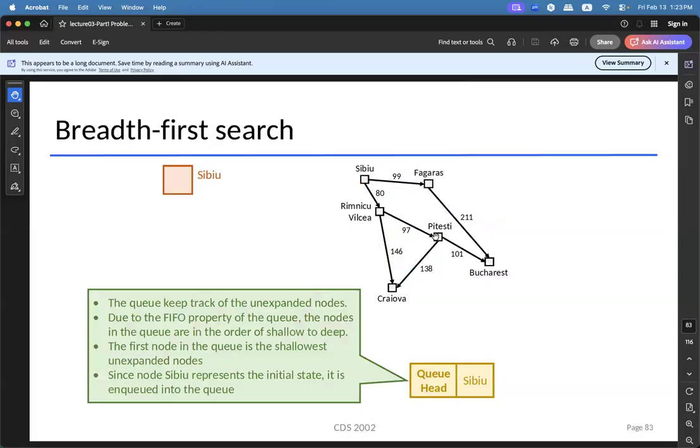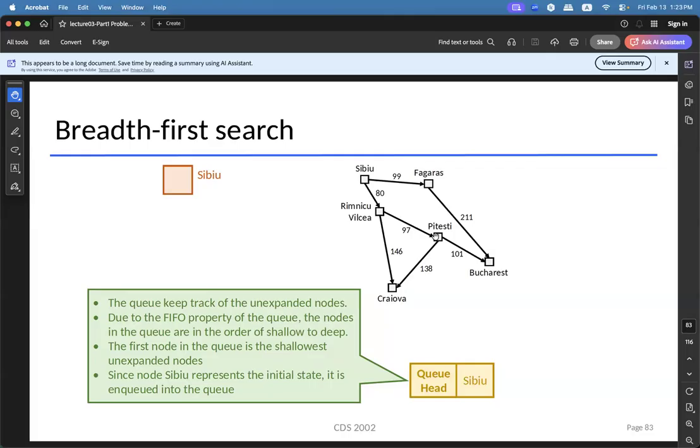And the queue here is showing the status of the fringe. Essentially, when we are working with depth search, we need to use the fringe to keep a record of the unexplored nodes up to now. As a result, we also include a section in these slides to visualize the content of the fringe.